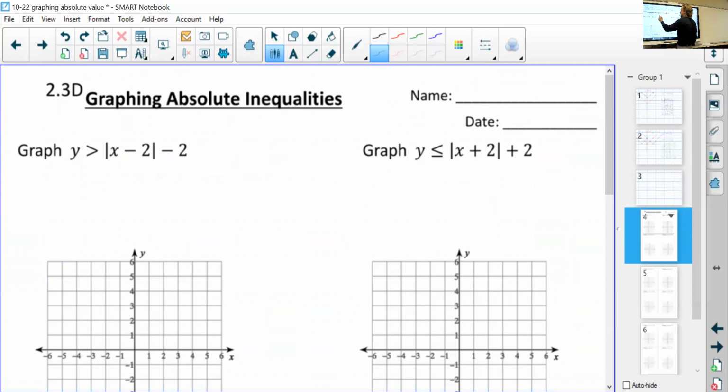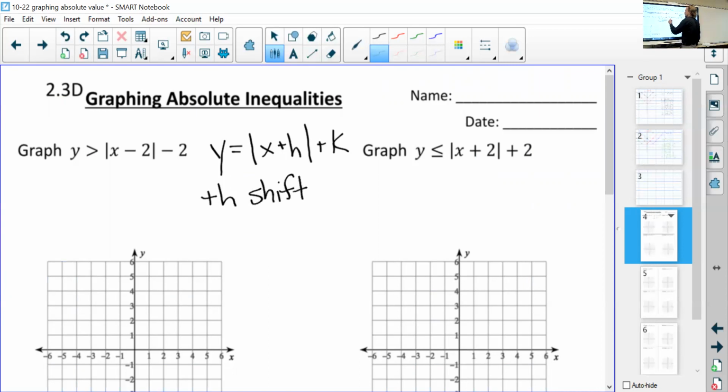I realize we skipped entirely over the inequality section. So if we just say equals for now, y equals absolute value of x plus, and they use h and k for this. That's the same as like a or b. They're just generic variable names. So if h is positive, we shift to the left. If we have a negative value for h, we shift to the right.